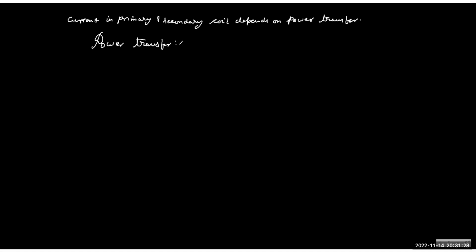So power we write as V into I, or you can say now E into I in the ideal case. And that is why the EP into IP is the power generated, so the plant is giving you P power. So the current and voltage relation in the primary coil is going to be this one.